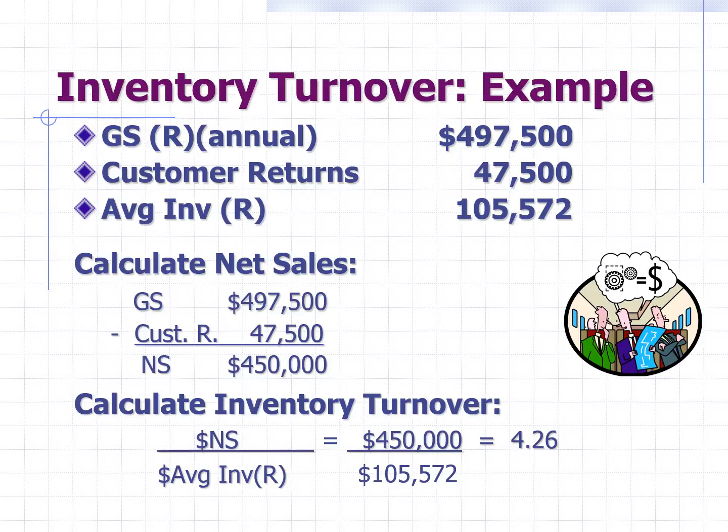The other was the amount of dollars generated in net sales for every $1 that was invested in the average retail stock. Given those two meanings, let's try to interpret this turnover of 4.26 that we calculated for this problem.